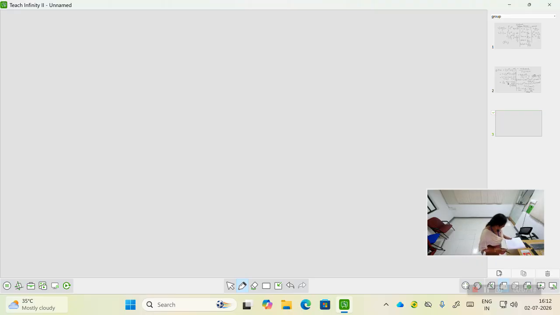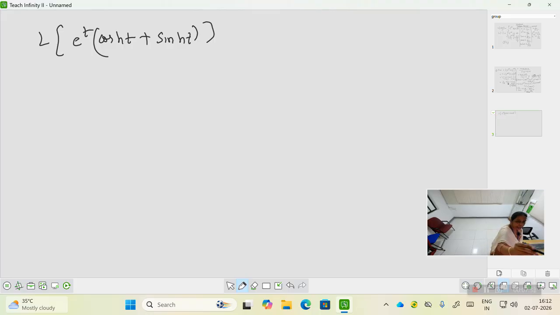The next problem is this: find Laplace transformation of e power t into cos ht plus sin ht. E power t into cos ht plus sin ht. Okay, right. First step. So L of e power t, linearity property, cos ht plus the next one is what?